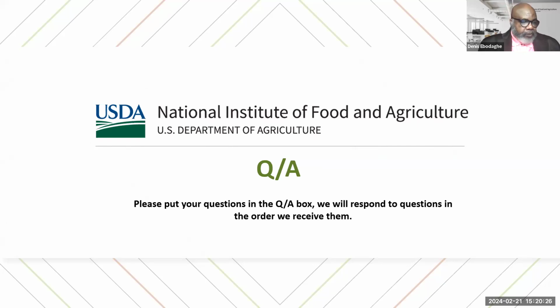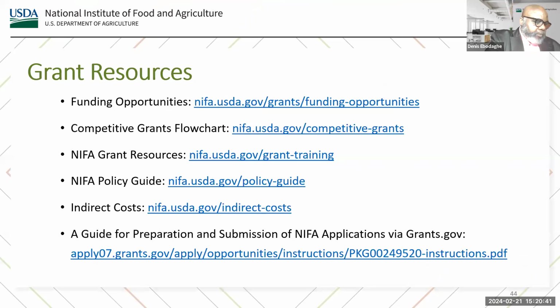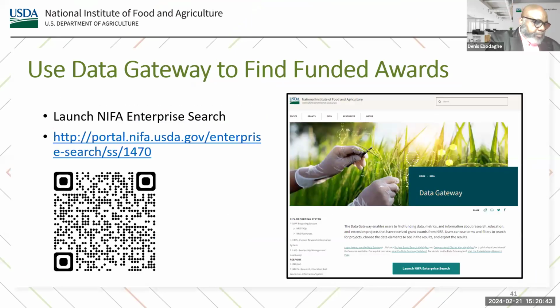If not, you can reach out to your county extension agent or academia, Texas A&M is a good example, or Prairie View A&M, or USDA Service Center. Any of those groups will not charge you to give you guidance.